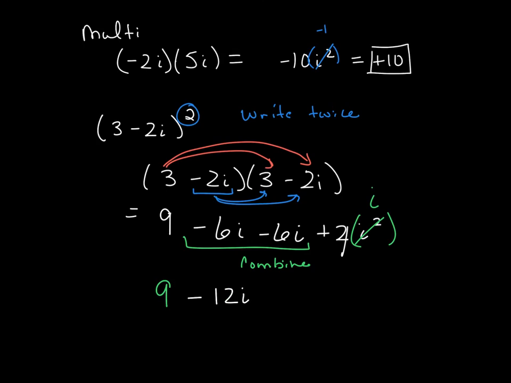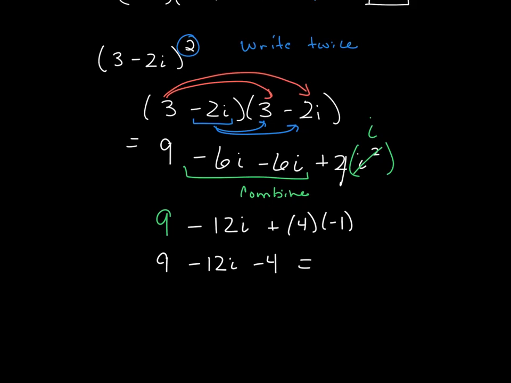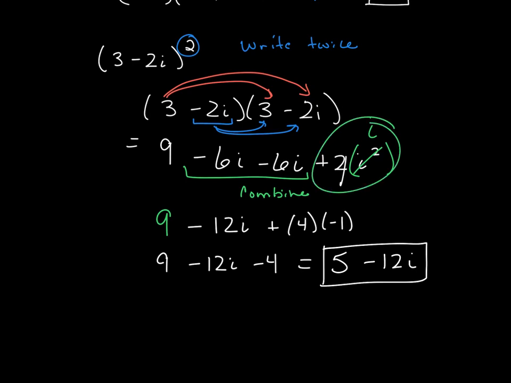That doesn't change. When I'm adding variables together, you don't change their power. But over here, that becomes a positive 4 times a negative 1. So now it's 9 minus 12i minus 4. You have to go through, and 9 minus 4 gives me 5 minus 12i. So be careful that you always make sure you include that i is equal to the negative 1.